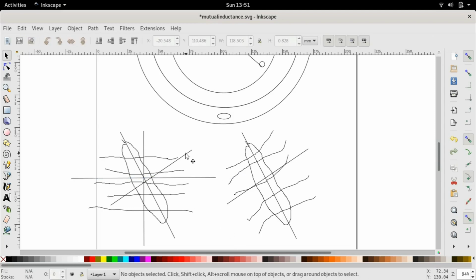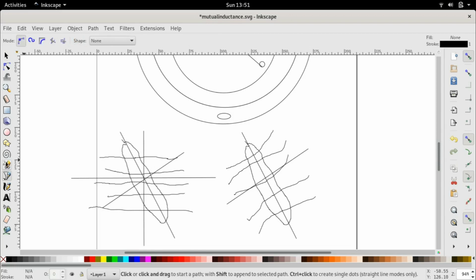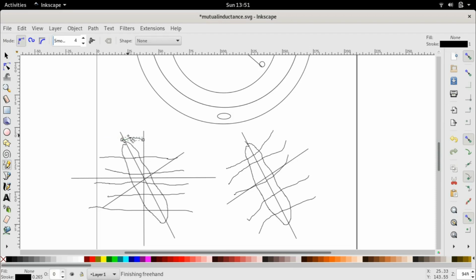So let me move this and align it with these two. The centers have to coincide. Well, they are almost coinciding. So it's just basic trigonometry. If I say that this angle of the rotor axis with respect to the vertical axis was to be some angle theta, then this same angle would be made with the rotor flux with respect to the stator flux.